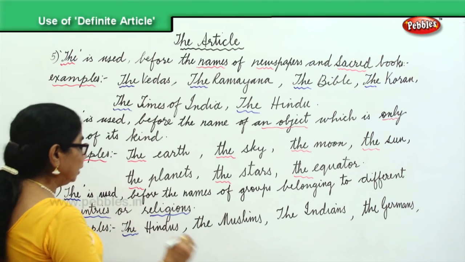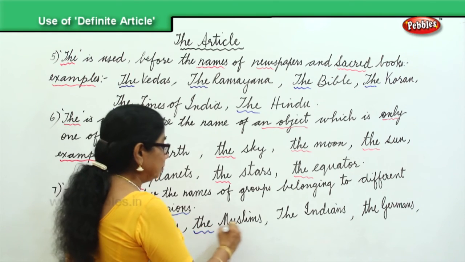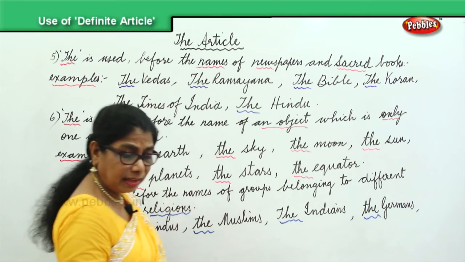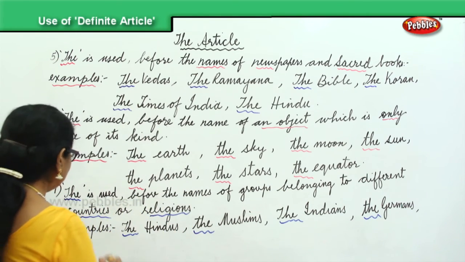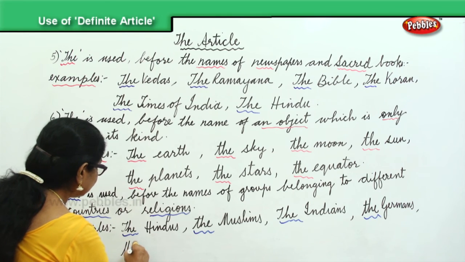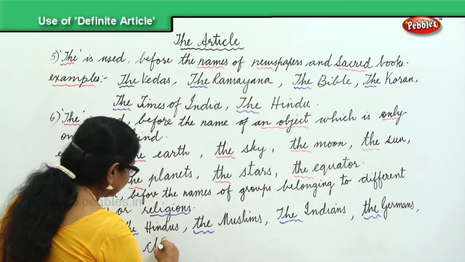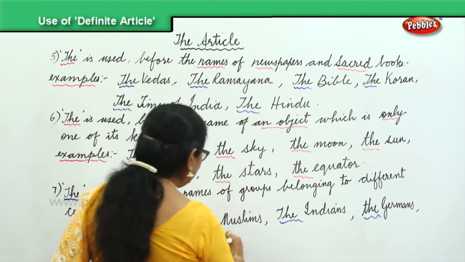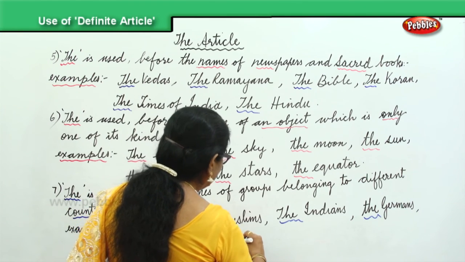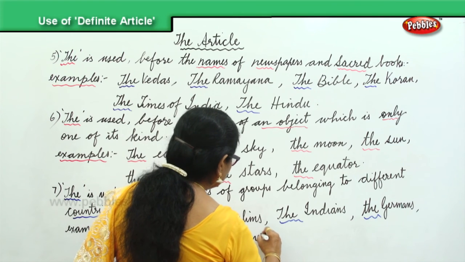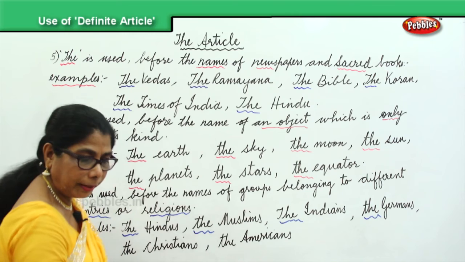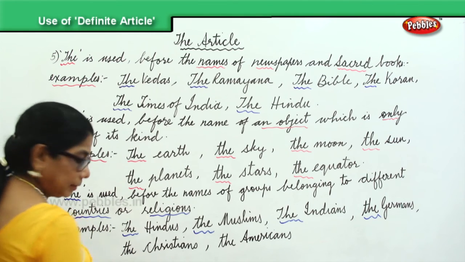Example, the Hindus, the Muslims, the Indians, the Germans, then you can say the Christians, you can also say the Americans.